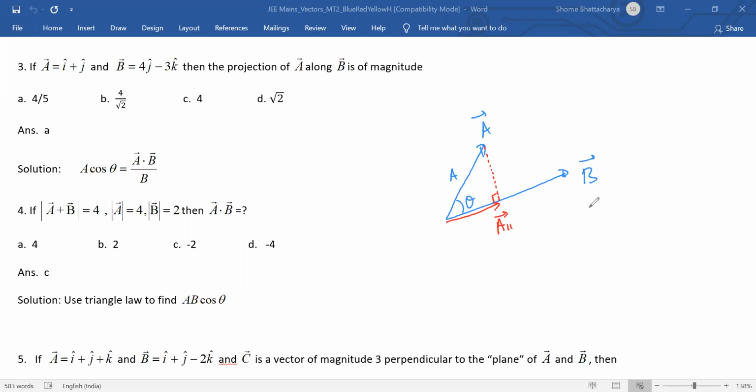So that parallel component has a magnitude of A cos theta. This is what we have to do in this case because you can see the options are all in terms of scalars. But if you also want to express this as a vector quantity, then it will become A cos theta into the unit vector of B, where B cap is the vector B divided by magnitude of B. So that's how we calculate the parallel component.